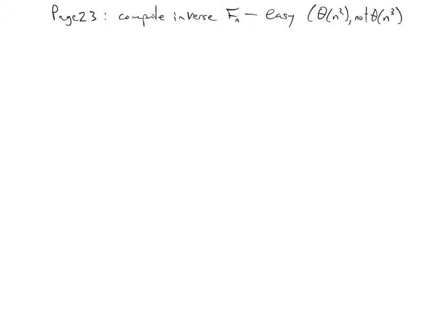To compute the inverse of a matrix in general, an n by n matrix takes n cubed work. We're going to see that because of the special form of the coefficient matrix F sub n, this is much easier. You just have to do a little bit of work for each element in the matrix and you get the inverse.